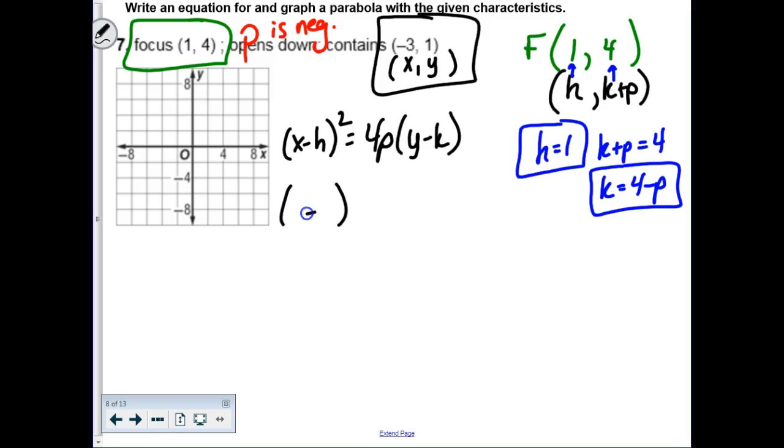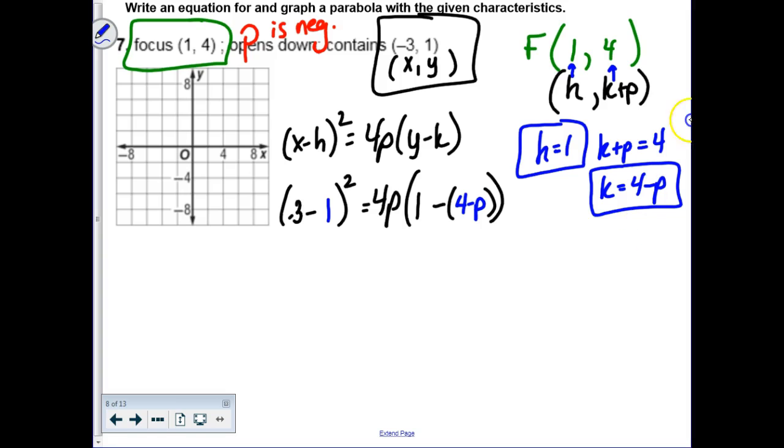So x, what was that random x value they gave you? -3, minus h, which they just flat out said was 1, quantity squared, equals, I have no idea what p is, so it stays as 4p times, they told you a y value from your ordered pair here. And then you're going to subtract k. But again, k is not a number, it's an expression this time. k is 4 minus p.